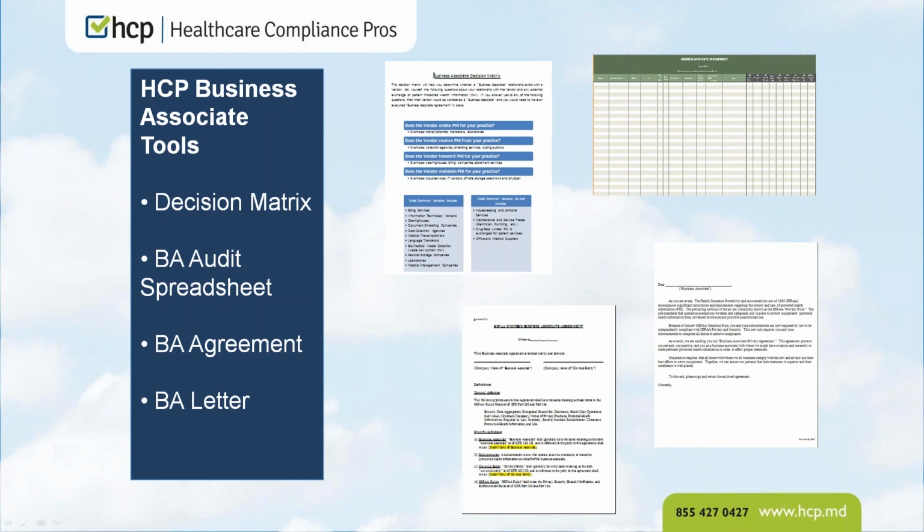So if you do decide to contact your business associates using the phone script on the second page of that decision matrix, I just wanted to go over a couple of the questions that you might ask them just to give you an idea of what this script would include. You might ask a compliance officer of one of your business associate organizations, have you updated your HIPAA policies and procedures, and when did that happen?